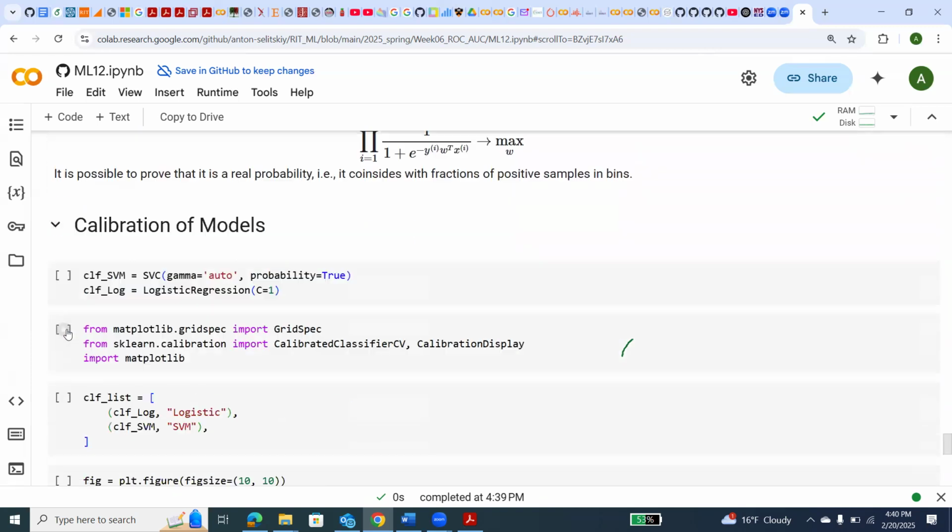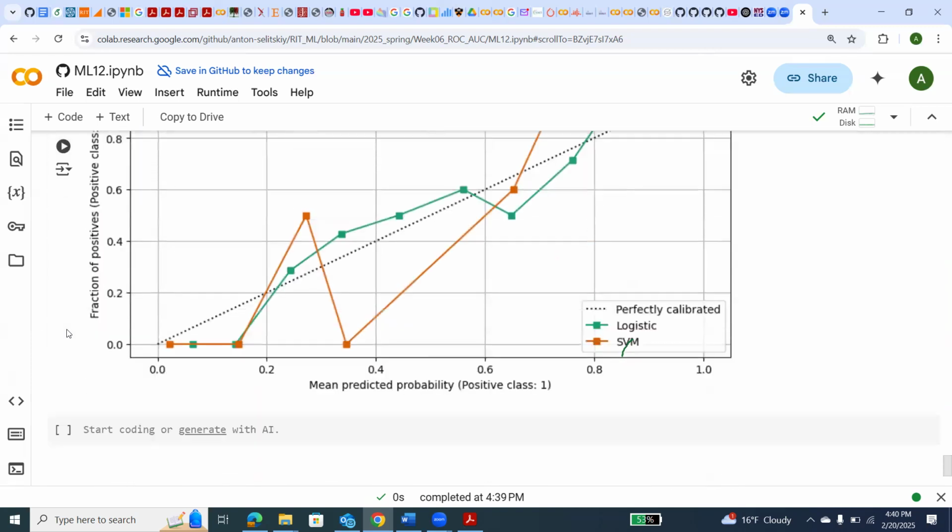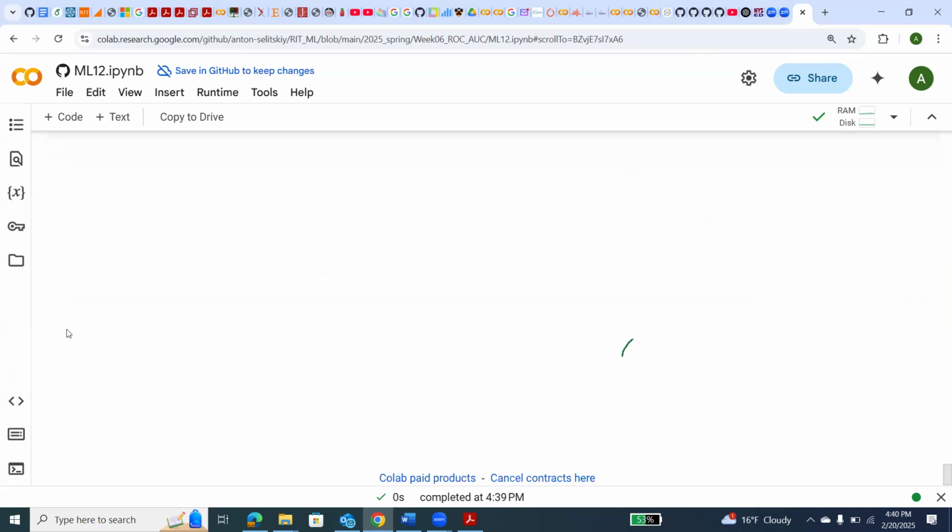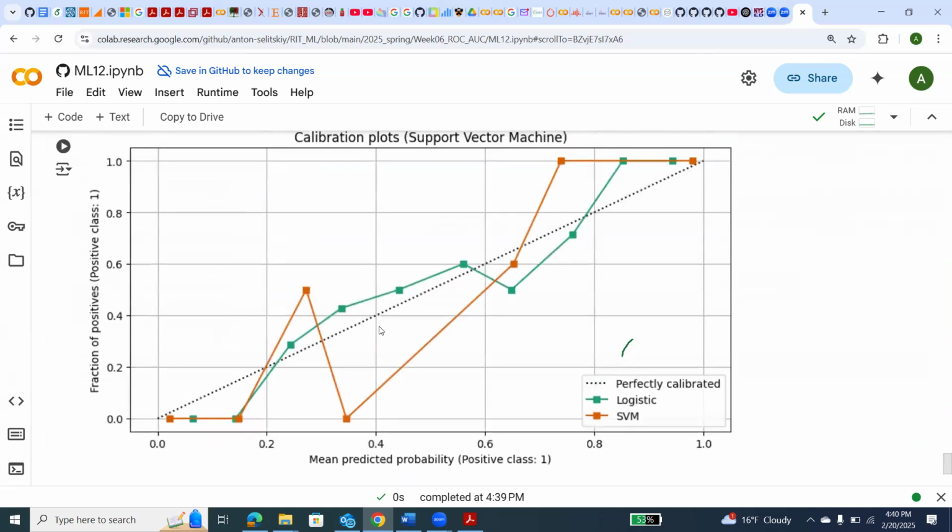And this is called model calibration. And actually, it's the last line of the code. You can see that this dashed line represents kind of the true probability distribution of the data, and logistic regression aligns with this line. But the support vector machine does not align very well.